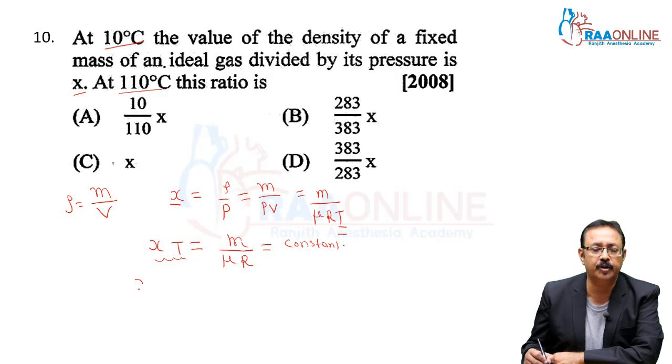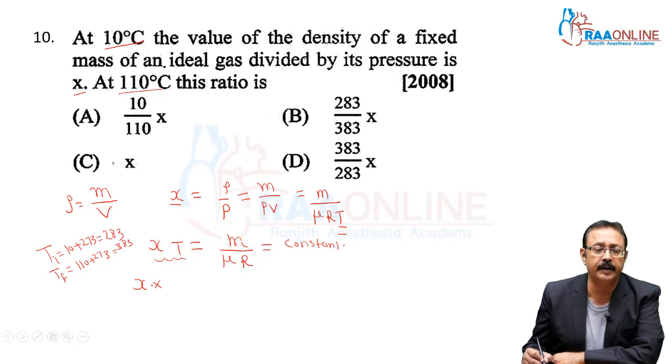So initially the ratio was x. Temperature was 273 plus 10. What was the initial temperature? 10 plus 273, it is 283. What was the final temperature? 110 plus 273, 383.